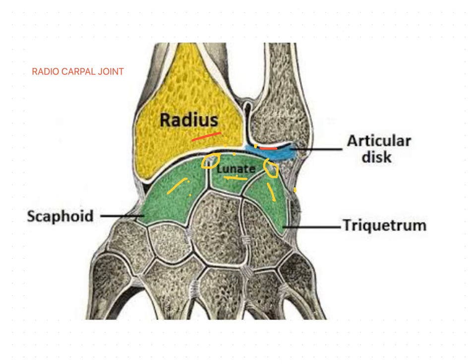So one is the scapholunate ligament, that is called as interosseous ligament also. This is the luno-triquetral interosseous ligament. And also the entire surface is covered by the articular cartilage.